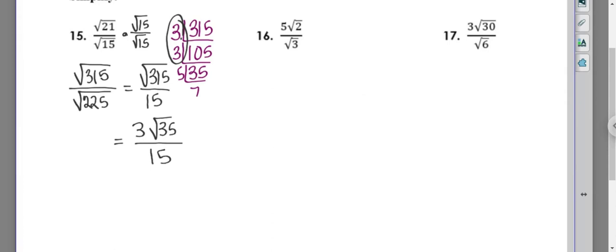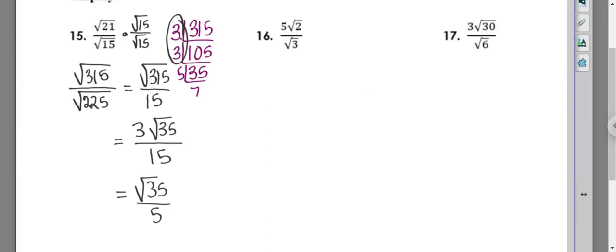So I can simplify 3 over 15 as 1 over 5, which is square root of 35 over 5. So here's the key. I divided both the 3 and the 15 by 3 to simplify it to 1 over 5.